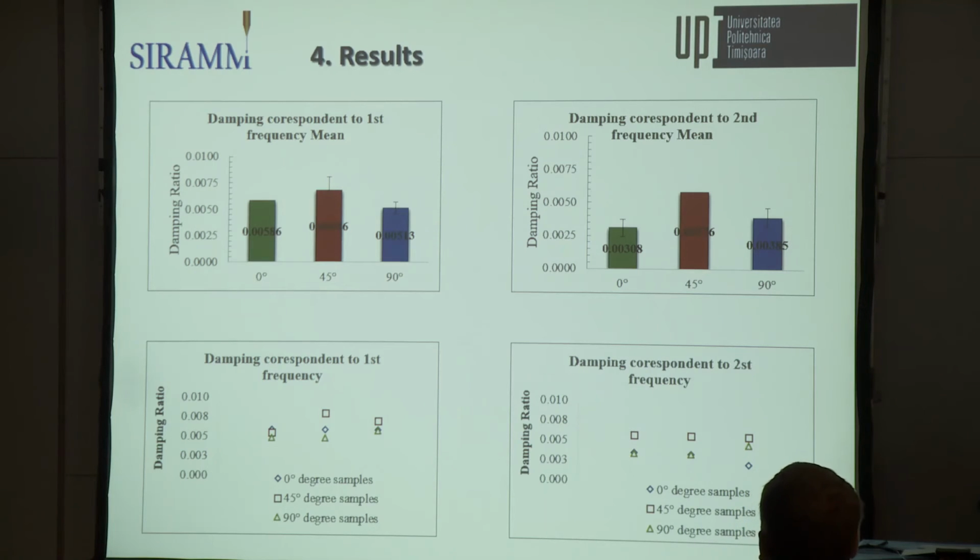Some difference was obtained depending on the direction of the specimen. And in the below part are presented the damping ratios corresponding to the first and second frequency for all the specimens, all 9 specimens.